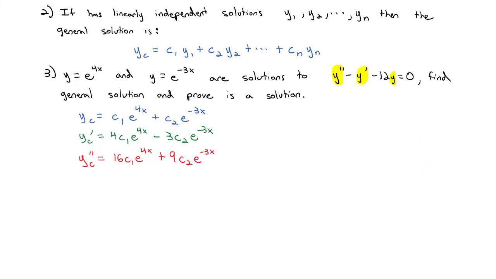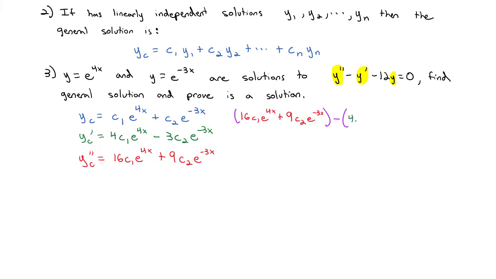So plugging them in, we've got y double prime, which is 16c1 e to the 4x plus 9c2 e to the negative 3x. And we're going to subtract y prime.